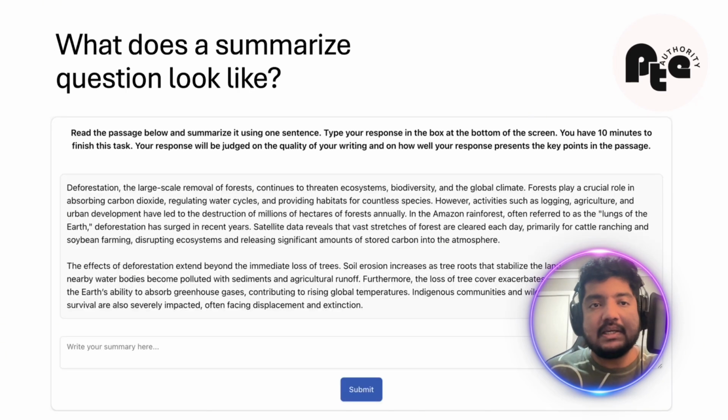What does a summary question look like? It has the instruction at the top, then the passage you need to summarize in the middle, and at the bottom a space to enter the single sentence summary.